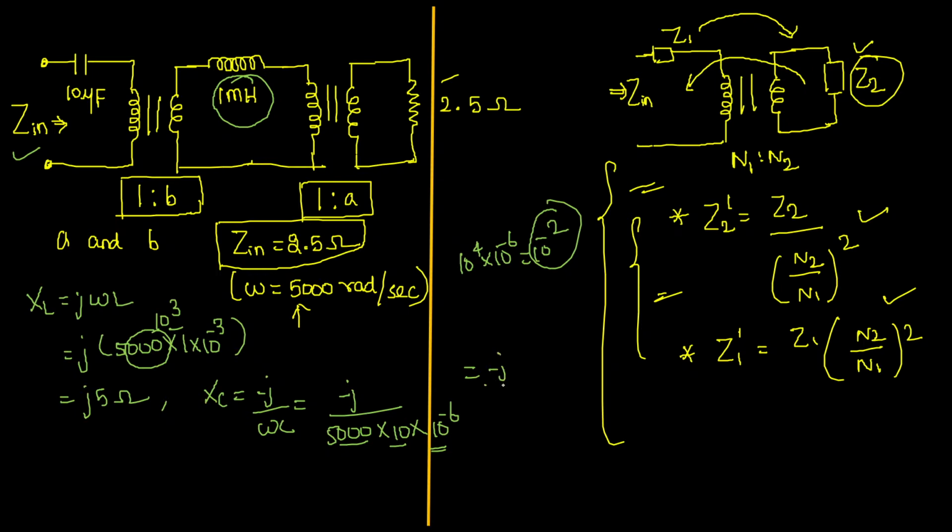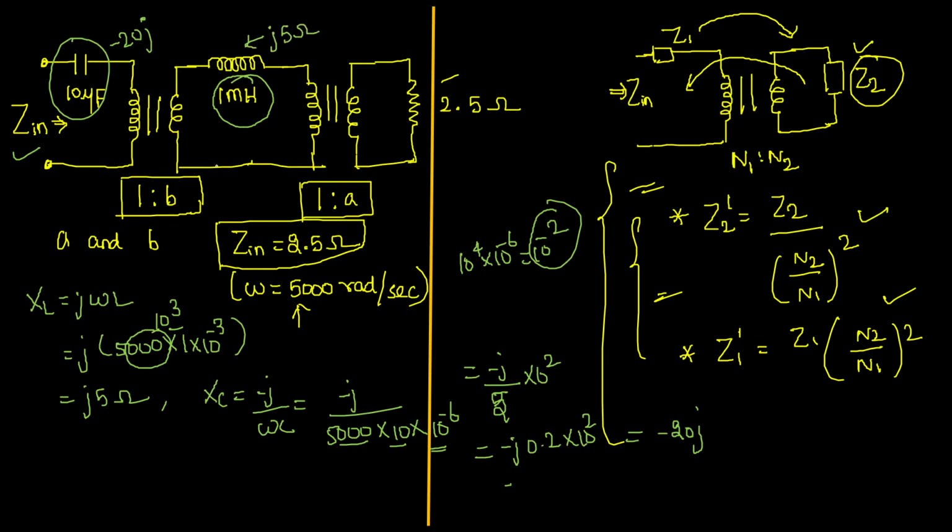So I can write minus j by 5 into 10 power 2. 1 by 5 can be written as 0.2, so minus j 0.2 into 10 power 2. 10 power 2 into 0.2 will become 20. So it will be equal to minus 20j. Finally, the capacitive reactance is minus 20j, and the inductive reactance is j5. Yes, it is j5.